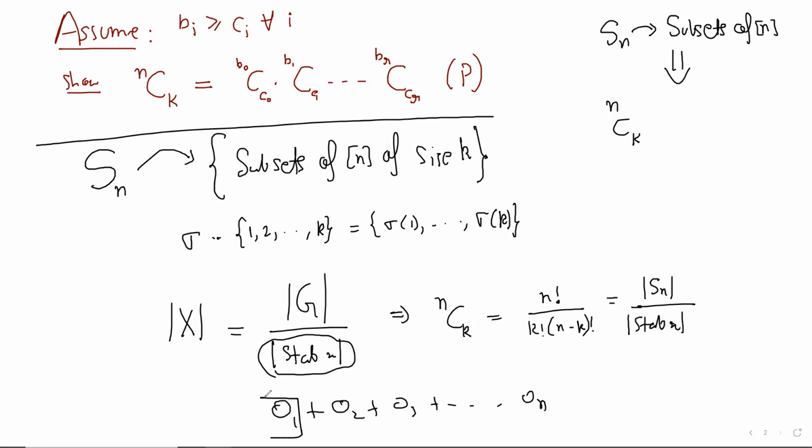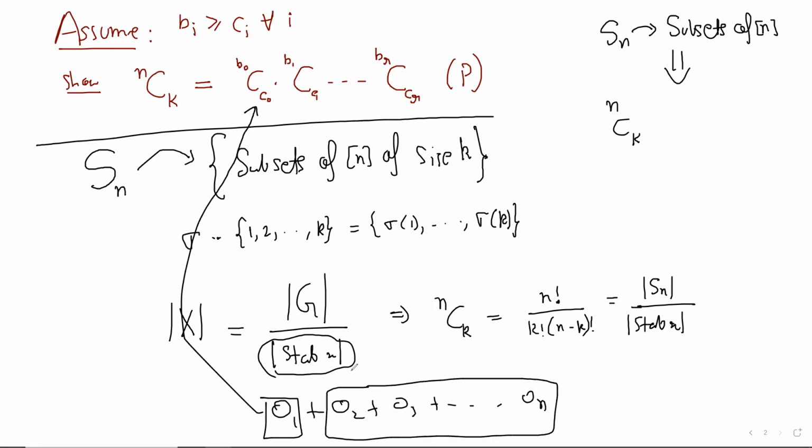One of the orbits is going to be this, and the other orbits are going to have size divisible by p. Then this will follow. I think it should come like this. I've just taken one step back; it doesn't solve the problem.